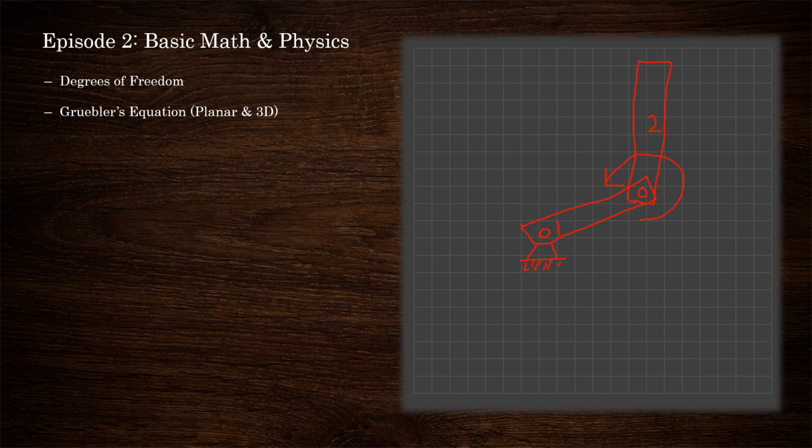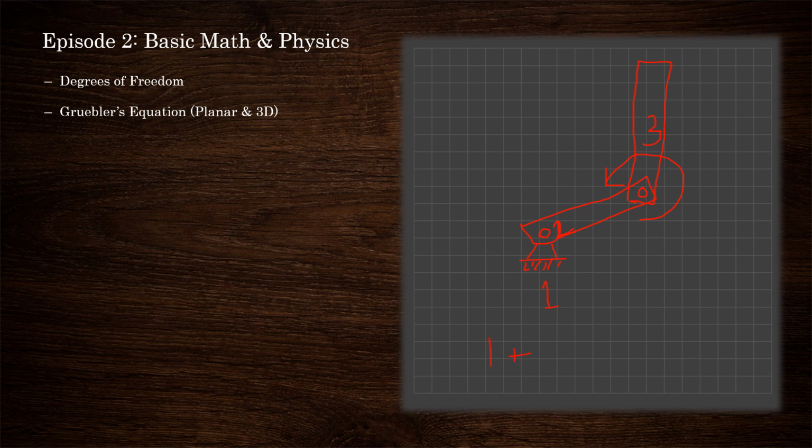So now you see there are technically 3 objects here. The ground is counted as object 1, let's say, and the first link is object 2, and the third link is object 3. The ground essentially has no degrees of freedom, so that's a 0. And then the first link, which is number 2 here, has a degree of freedom of 1 because it's locked.